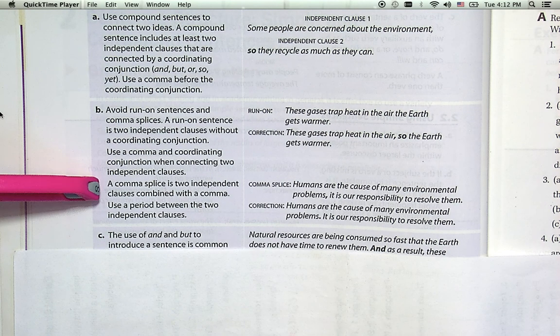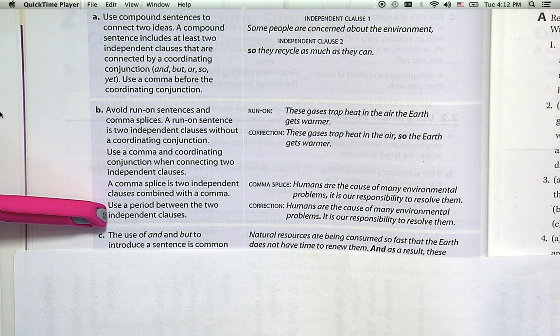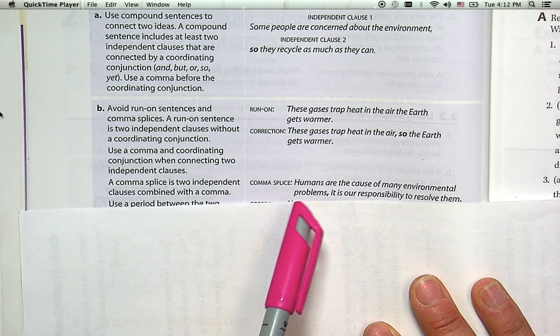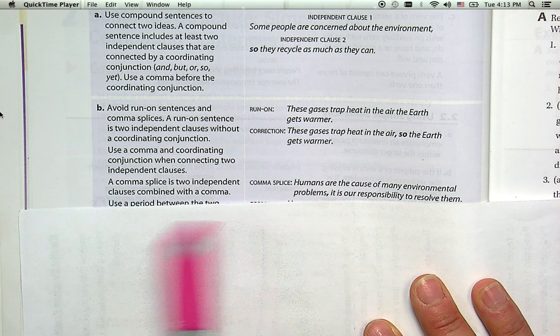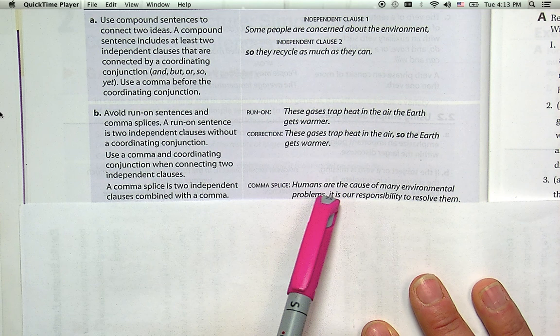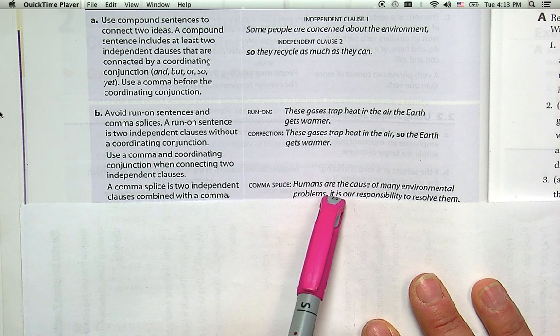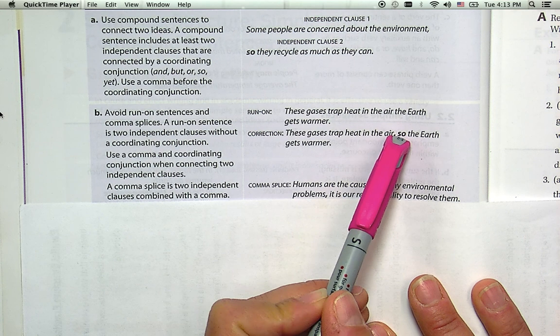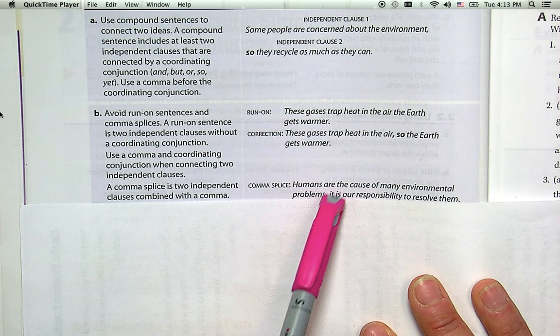A comma splice is two independent clauses combined with a comma. Use a period between two independent clauses. Sometimes students get confused about which one is a comma and which one is a period and which one to use where. If you have a new subject and verb, but maybe you do not have your conjunction word, then it must be a period.